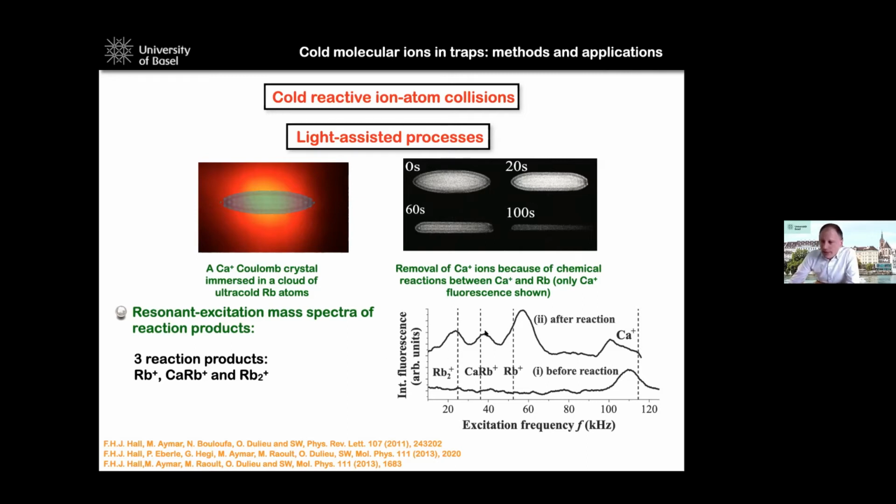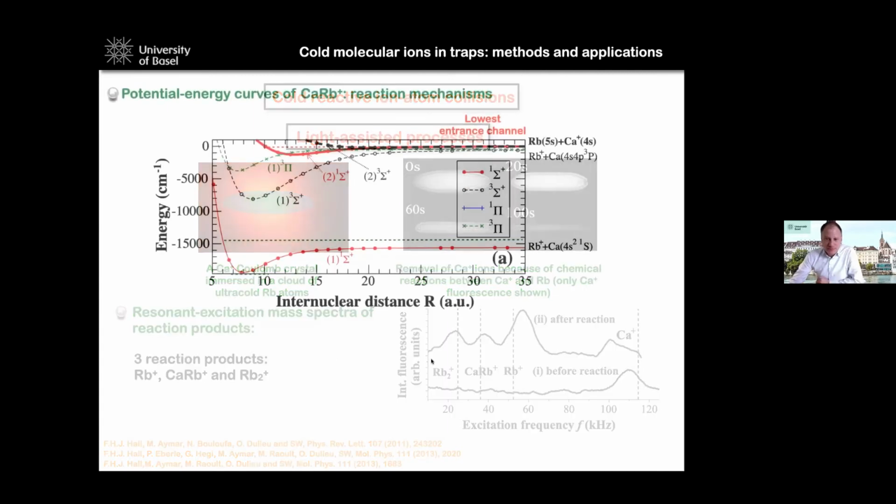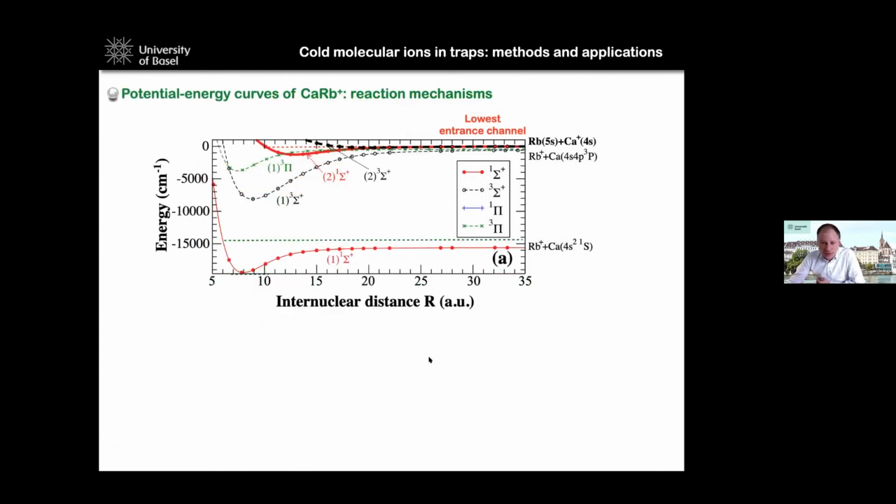Now, how on earth can one get these sort of species here? And for this, one now needs to turn to theory and look at what can actually happen during these collisions. What you see here are potential energy curves, so the interaction potential between the collision partners for various states of the collision partners. So we have rubidium in its ground state and calcium ion in its ground state.